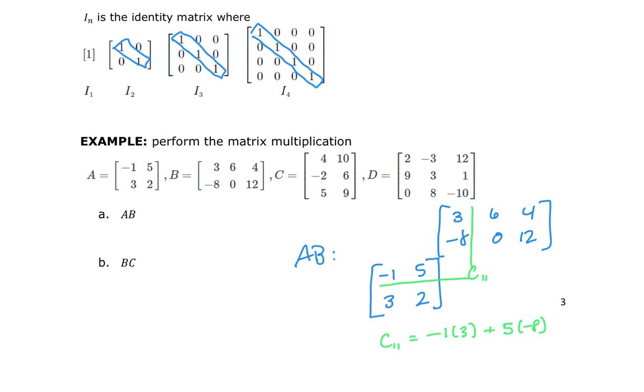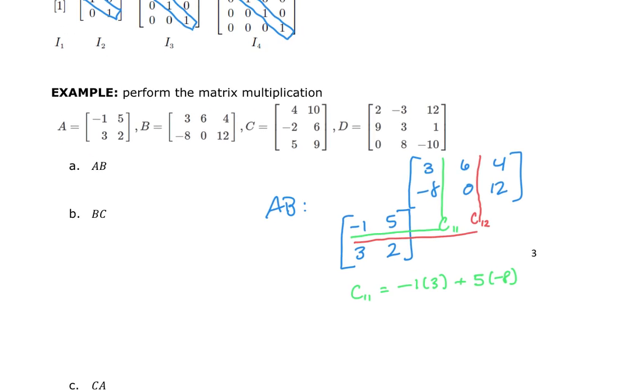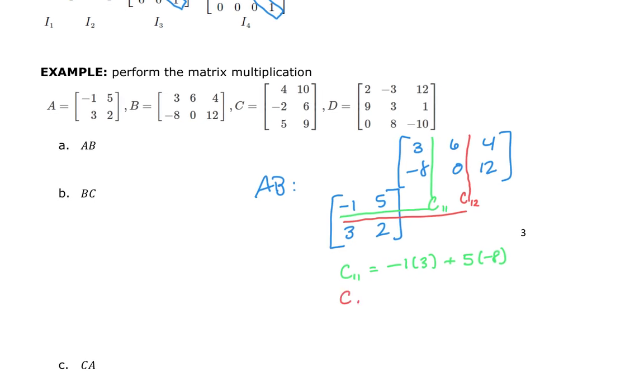To get my next set, I'm going to multiply these two numbers by these two numbers. I'm going to call this C12. So C12 is going to be equal to the -1 multiplied by the 6 plus the 5 multiplied by the 0.